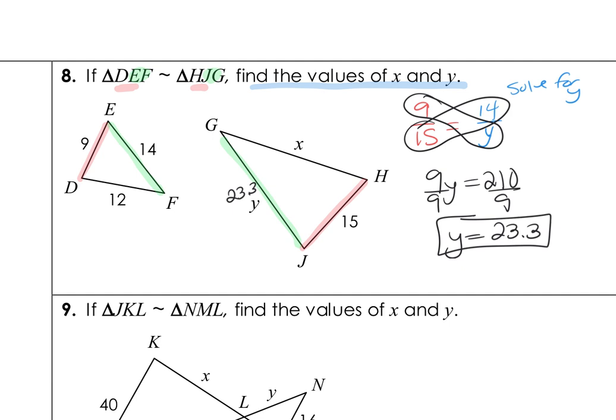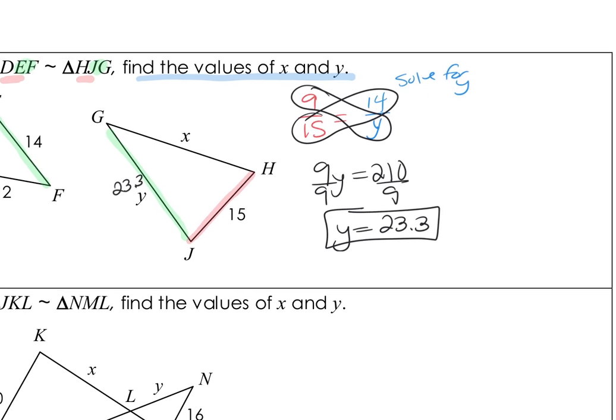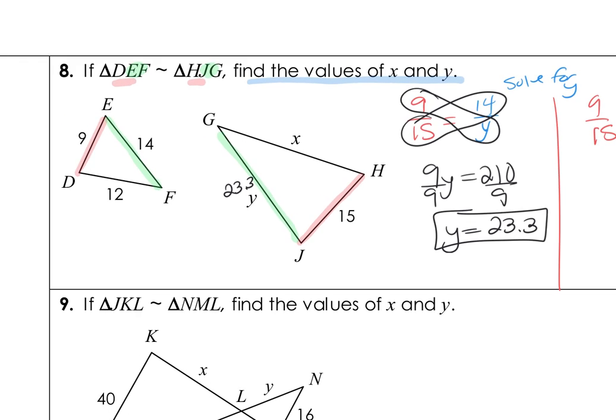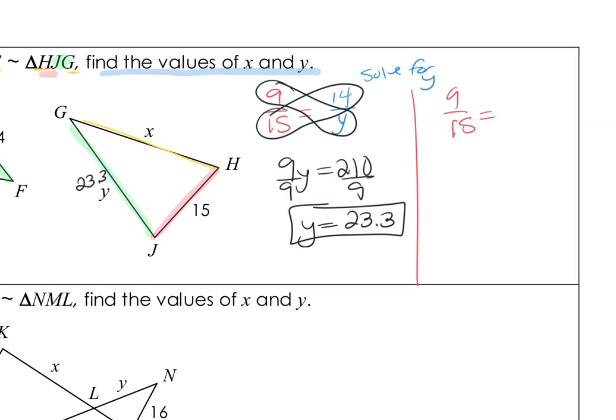So I'm going to go back to my ratio where I started, that 9 over 15. And now I'm going to take a look at the side with x. That's going to represent the first letter and the last letter. So D to F has to match up with H to G, 12 over x.